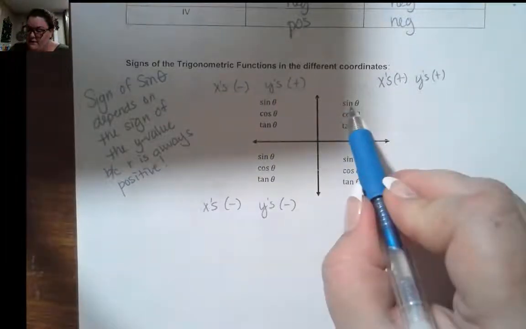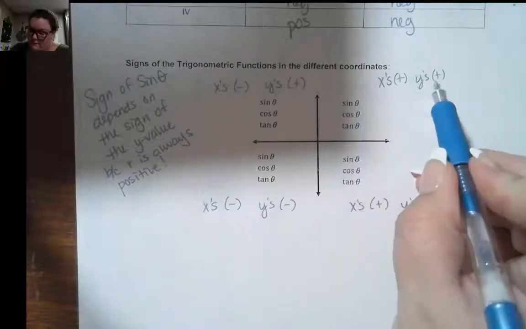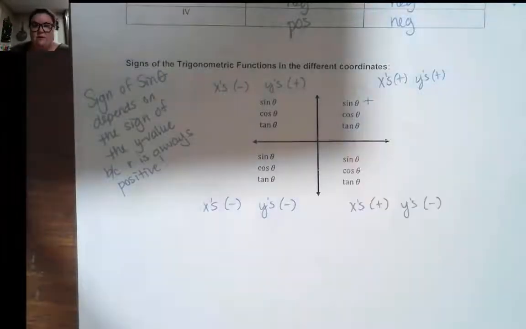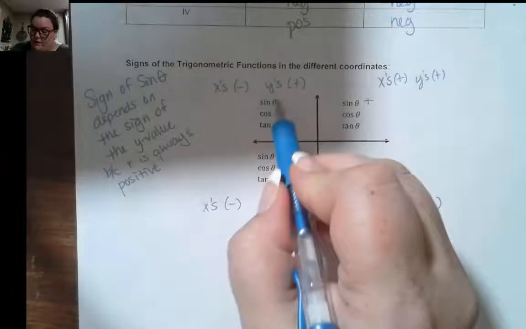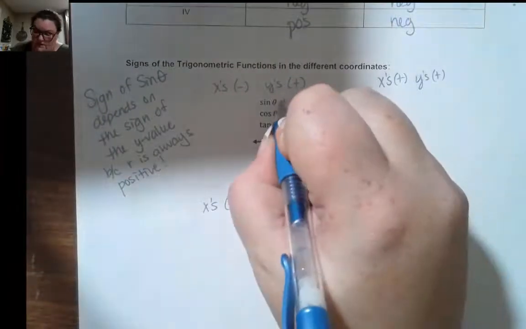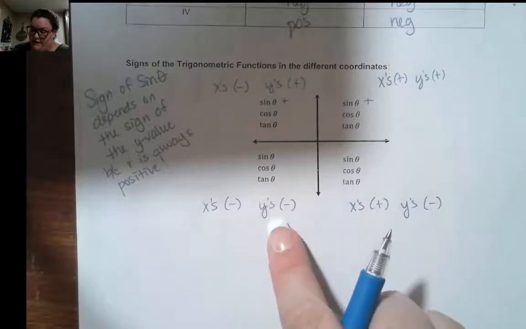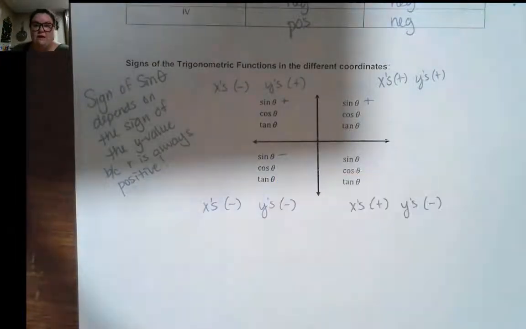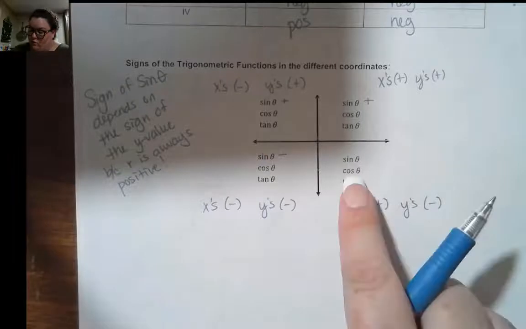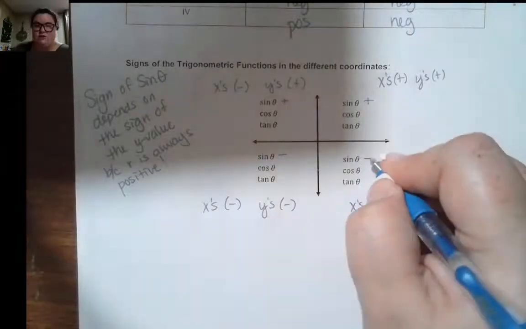Because here my y's are positive, so my sine value should be positive. In quadrant 2, my y's are positive, so my sine value should be positive. In quadrant 3, my y's are negative, so my sine value should be negative. In quadrant 4, my y's are negative, so my sine should be negative, right?